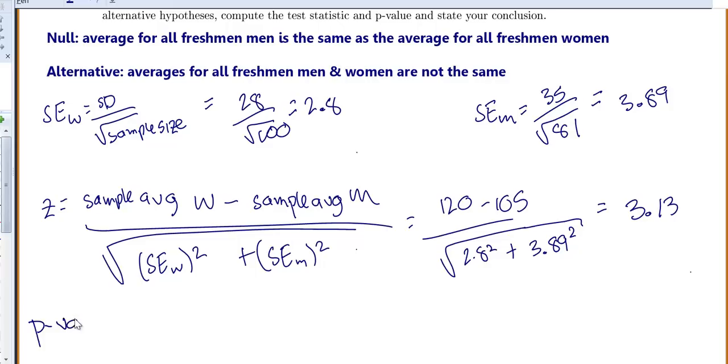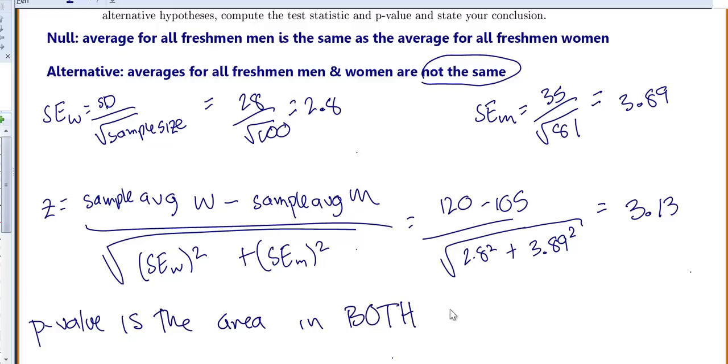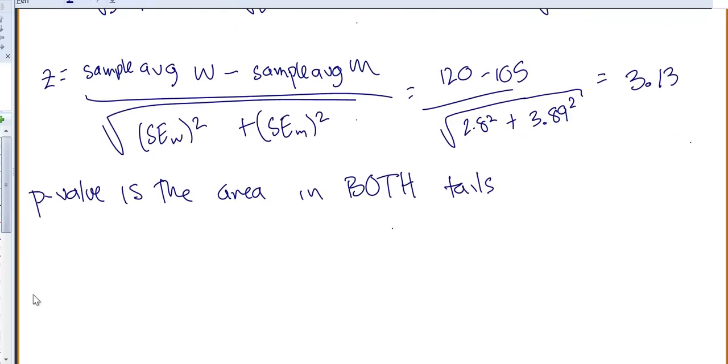Now your p-value, because the alternative is just that the averages are not the same and you're not hypothesizing which one is higher, is the area in both tails. So here is Z equals 3.13.